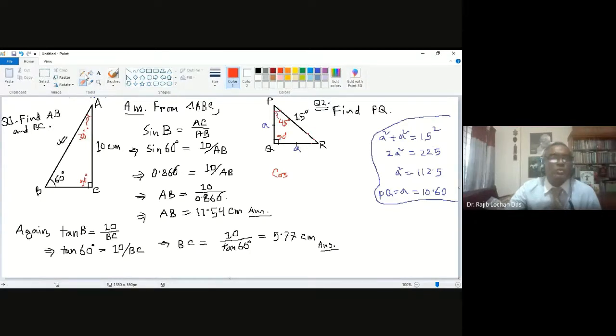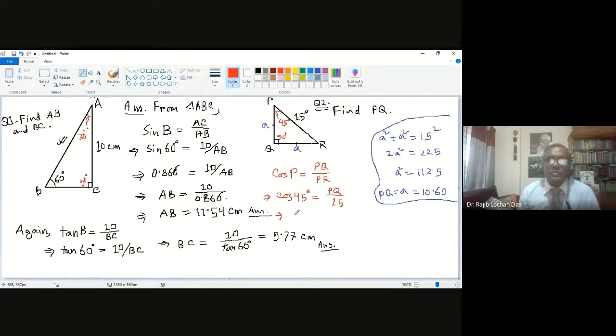So you will take cos P. Cos P means adjacent divided by hypotenuse. What is the adjacent here? PQ. And what is the hypotenuse? PR. So cos 45 degrees, and then PQ is not known and PR is 15. You can easily find what cos 45 is from your calculator.